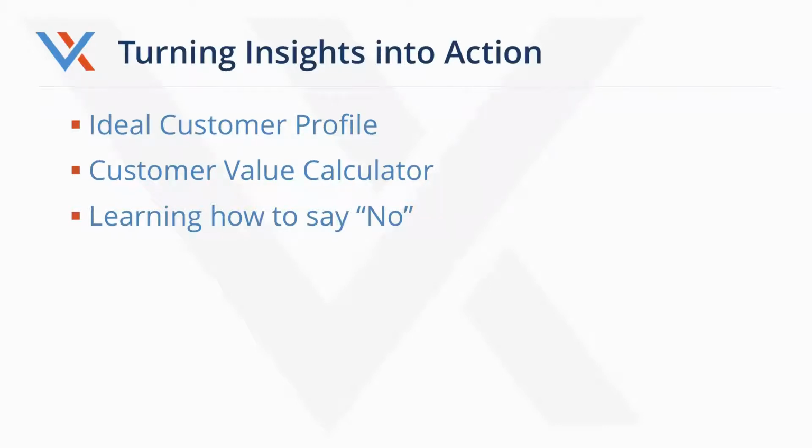It's all about how do we turn what we learn into action. And as it relates to this session, we really honed in on three things. I'm going to share a little bit on ideal customer profile with you, talk a little bit about what we call a customer value calculator, and then maybe preach a little bit on how to learn to say no to your own team, to potentially customers, to yourself for that matter, as you work through some of your decision-making process.